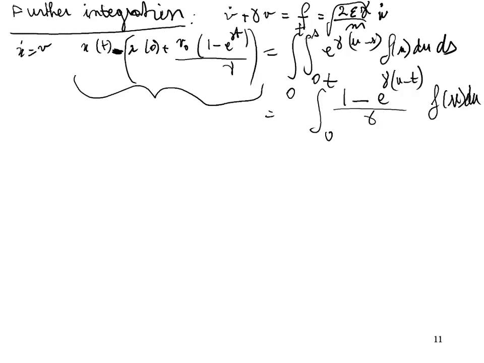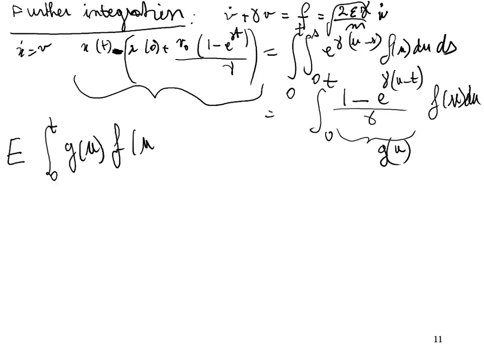If we call this a function j of u, I will leave this now as an exercise, but the expectation of the integral from 0 to t of g of u multiplied by f of u du equals 0. That comes from the property that f has.